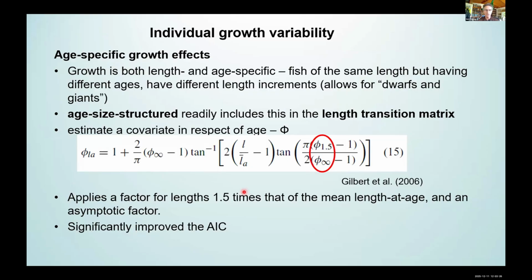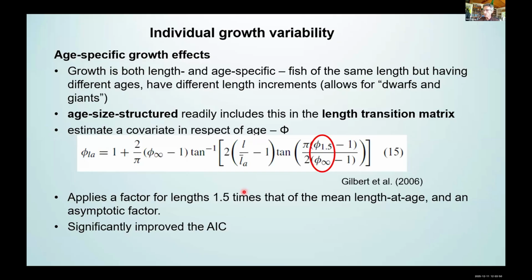So having an age-specific growth effect allows for the condition of dwarfs and giants, where for a particular length interval, the young fish in that length interval will tend to grow faster in respect of their lengths than older individuals in the same length interval. Or that fish that have got ahead of their year class will tend to continue to grow faster than their equally sized or older peers.